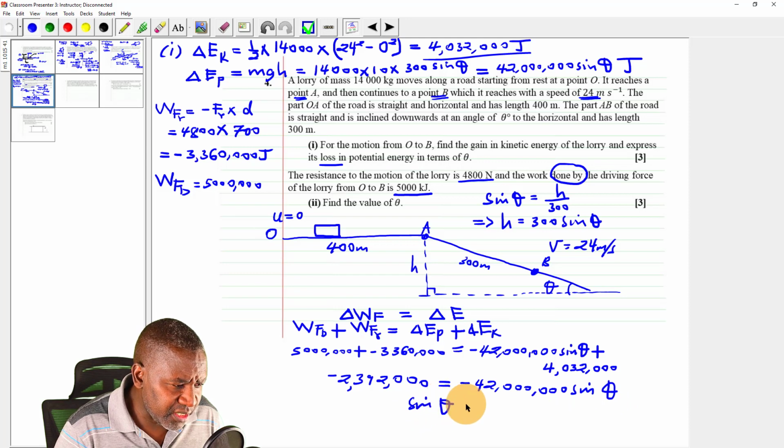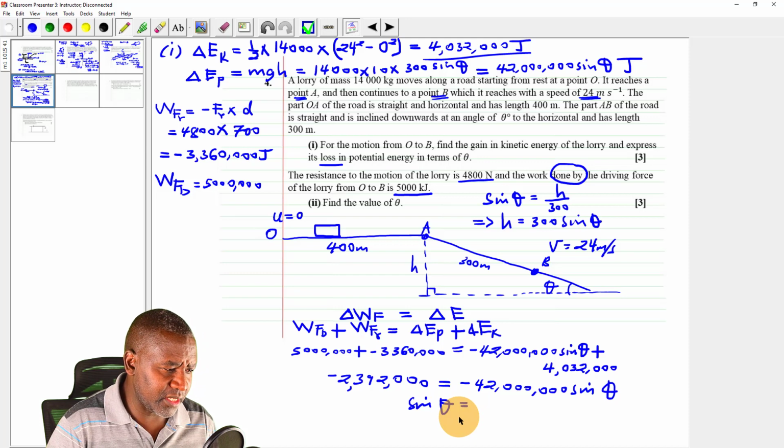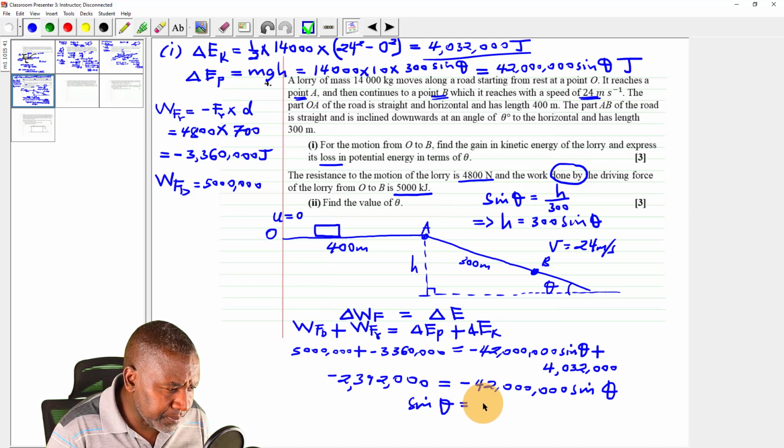Let me just say that sine theta will be equal to 2,392,000 divided by, of course the negative signs are going to cancel out, 42 million.